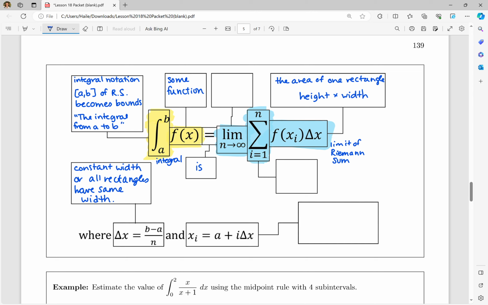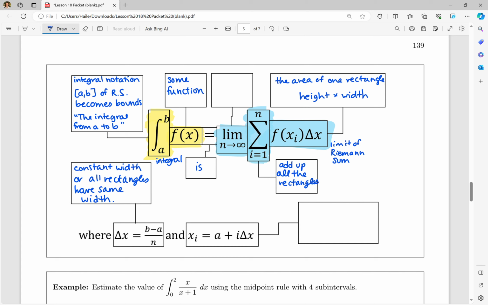Now what we wanted to do in our car problem earlier was we wanted to add up all these rectangles, and that's precisely what the summation does. So it tells us add up all the rectangles. But then how many rectangles do we want to use?